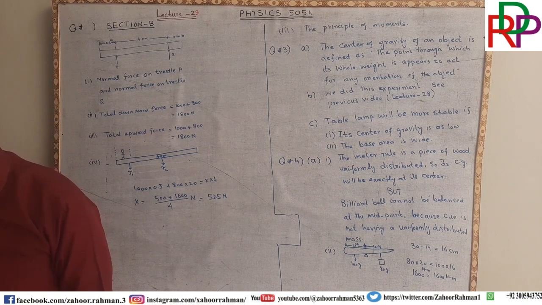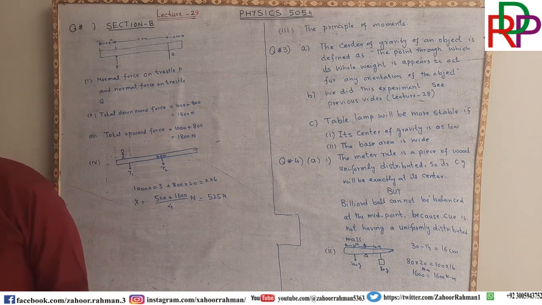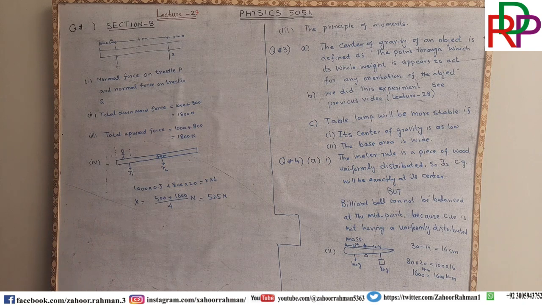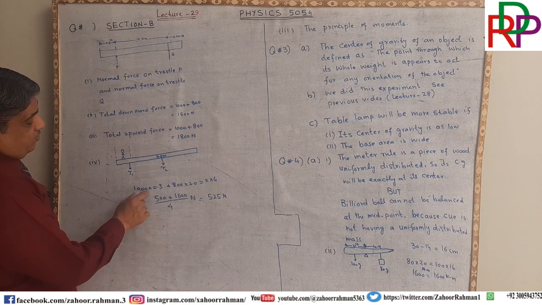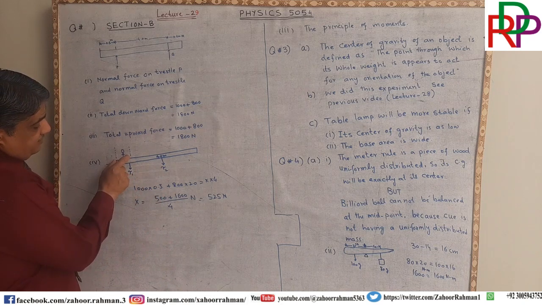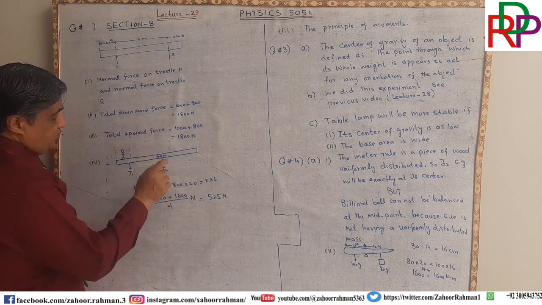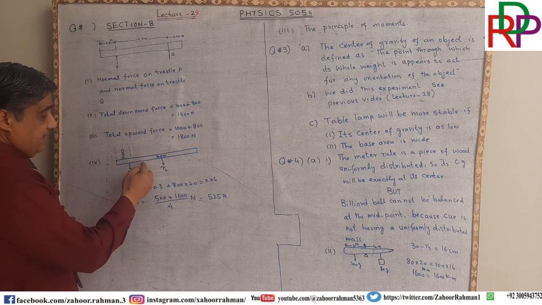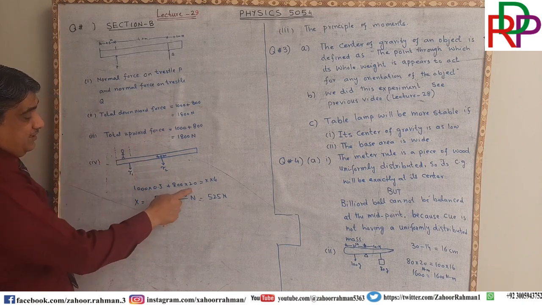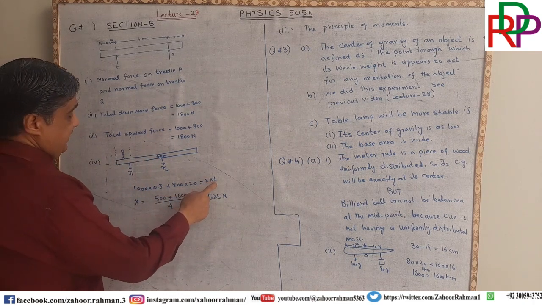Now the fourth part, which is the last part of this chapter, is: by taking moments about the left trestle, calculate the upward force exerted on the plank by the other trestle. So we have to use clockwise and anti-clockwise. 1000 by 0.5, and then 800 by 2, because the middle of this 4 will be 2 here, and x multiplied by 4.